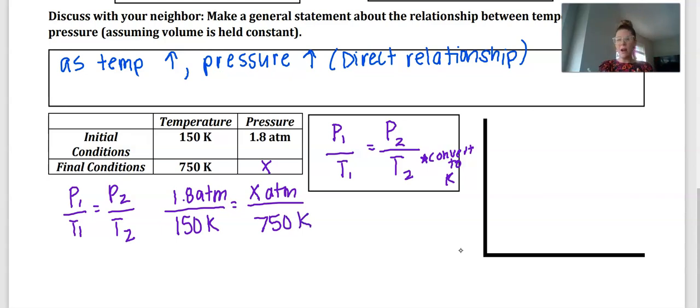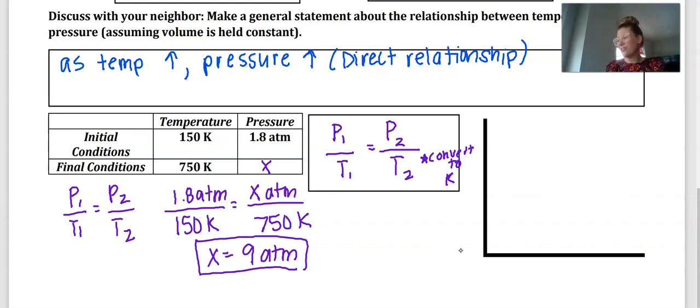Now note that our temperature is increasing significantly here, so you should expect our pressure will also increase significantly. Why don't you take a second, pause the video and solve. Okay, so we end up getting 1.8 divided by 150 multiplied by 750, which gives X equals 9 atmospheres. So we have a significantly larger pressure.